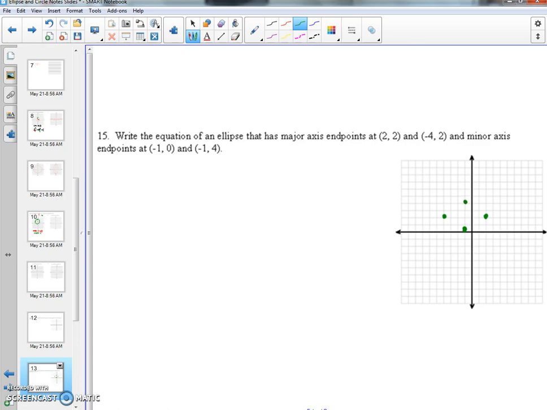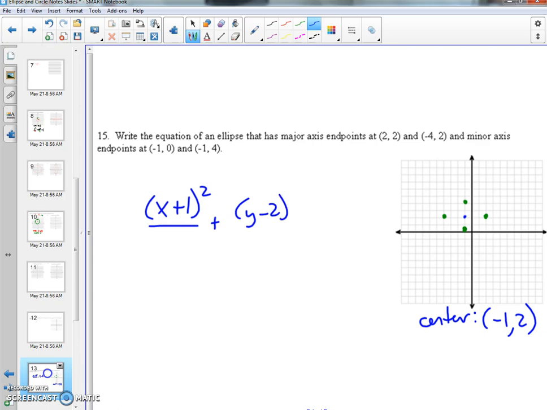What I need here is to figure out where the center is. The center of all these points would be this dot here. So I can tell that my center is going to be at -1, 2. You don't necessarily have to draw in the ellipse. I'm just using these points to help me figure out the equation. From there, I know I'm going to have x plus 1 squared over something, plus y minus 2 squared over something, equals 1, because an ellipse is always equal to 1.